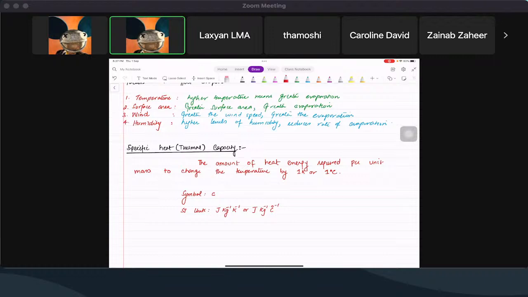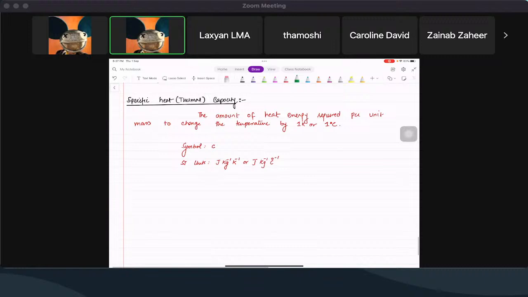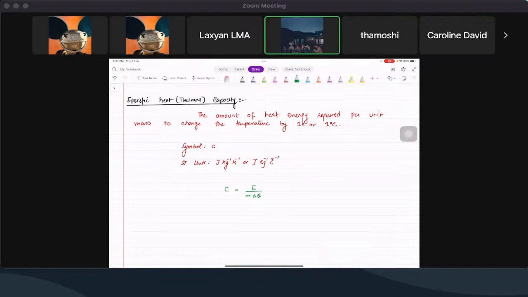So the formula for heat capacity is c equals E over m delta theta. Some people like to write E with a Q, but that's the same thing because Q is also a symbol denoting heat energy. Okay, I'm going to label this so you guys know.